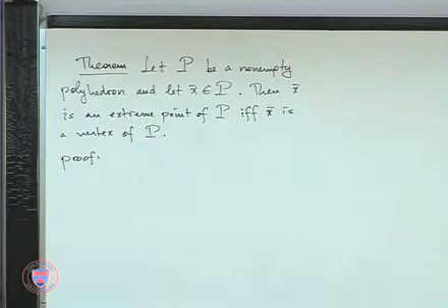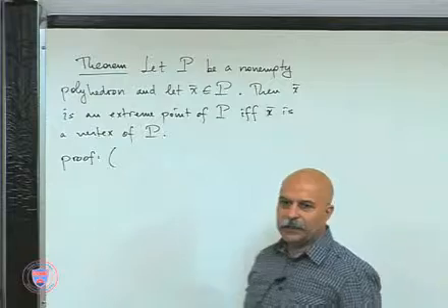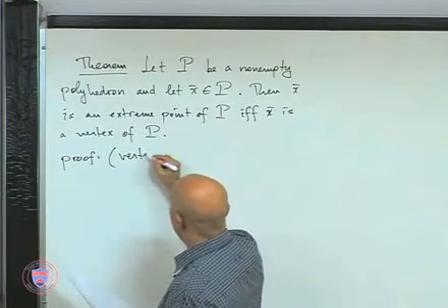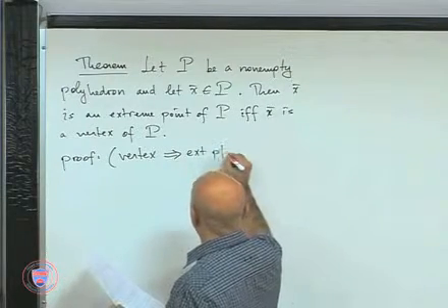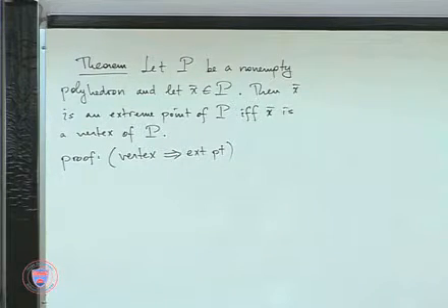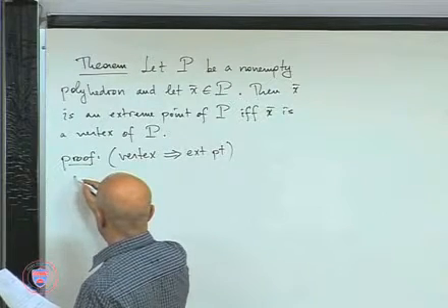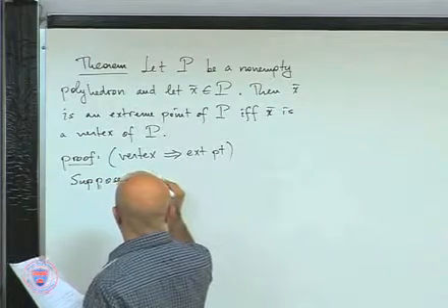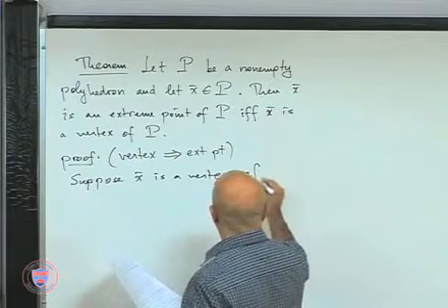All right, I'll give you only one way of the implications. The other way, you can work out at home, okay? So let's just prove that being a vertex implies being an extreme point. So we suppose x bar is a vertex of the polyhedron.